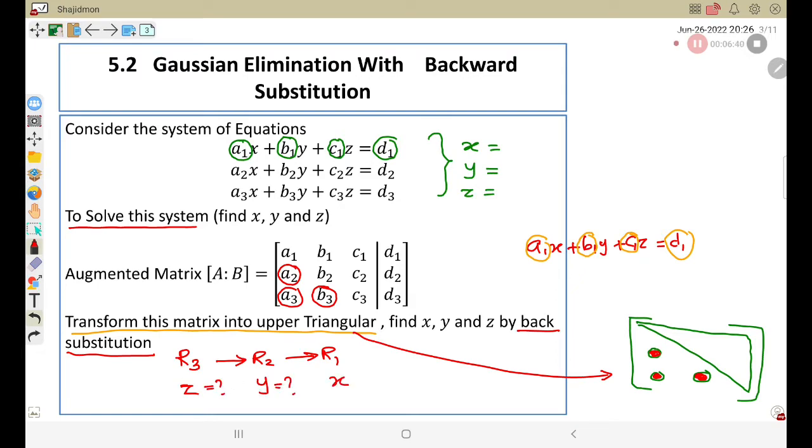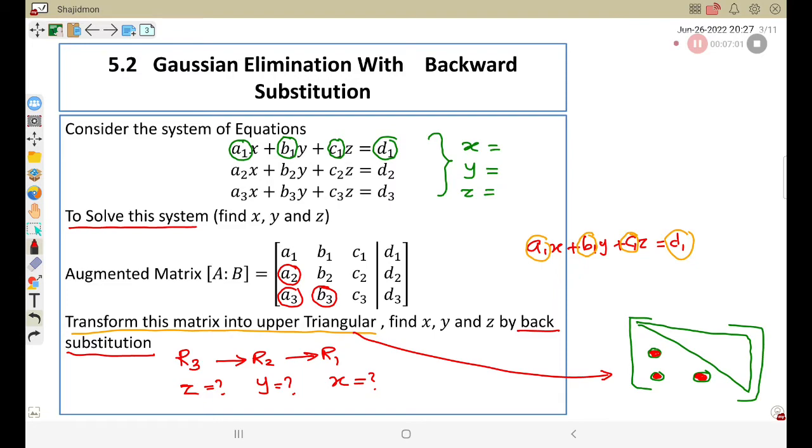That is backward substitution. So this is Gaussian elimination with backward substitution. By using this program, we can find the solution of a 3 by 3 system, or whatever the system, 2 by 2 or 3 by 3 or 4 by 4, by using backward substitution.